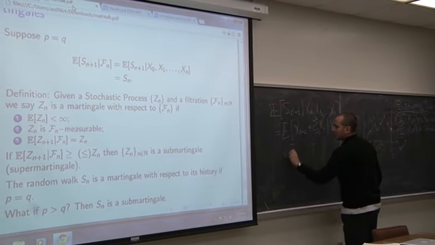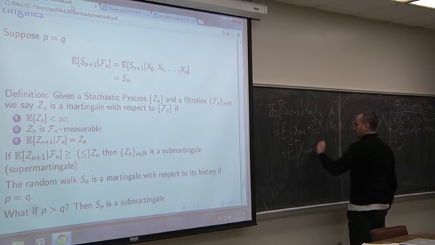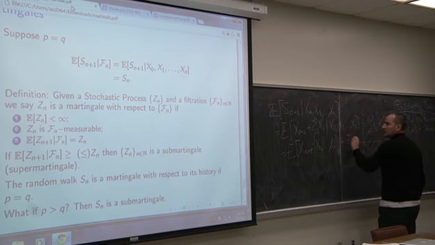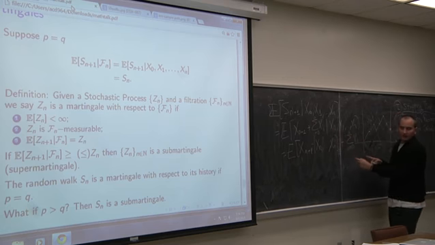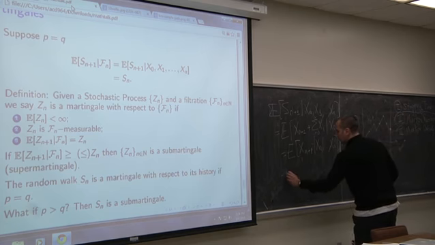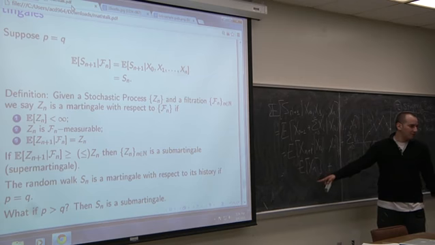So I can take it out of the expectation. Those already happened, so the sum is Sn. And x_{n+1} is independent of the history, because of the IID assumption. So this is equal to the expectation of x_{n+1}, and in the balanced case, this expectation is 0.